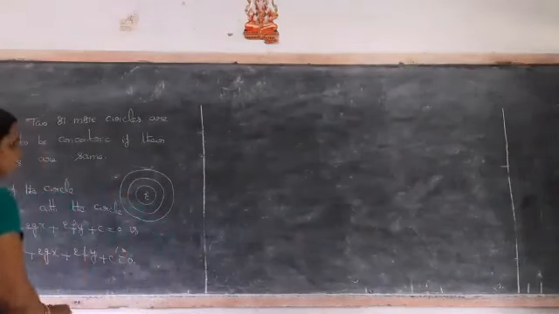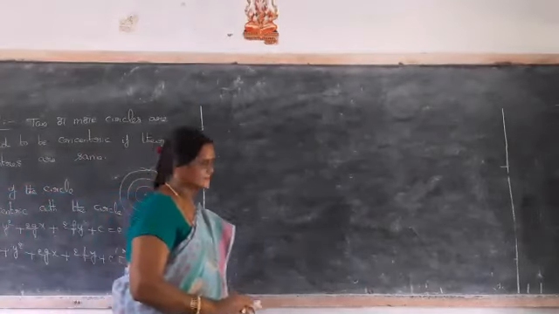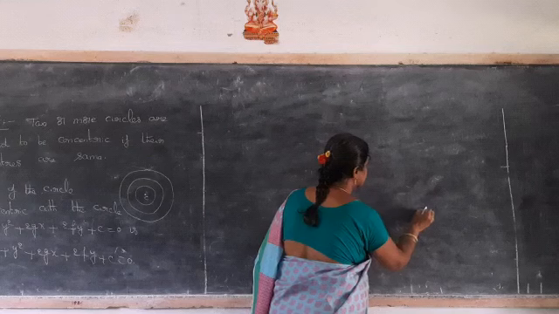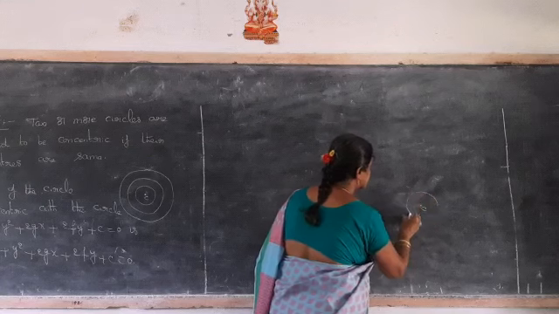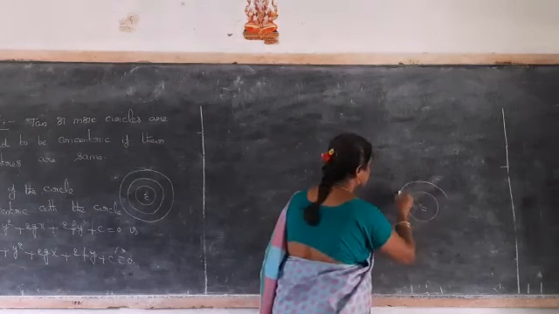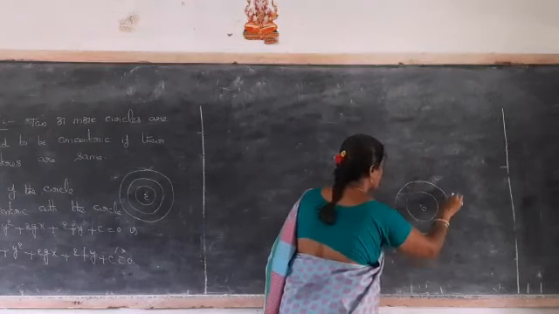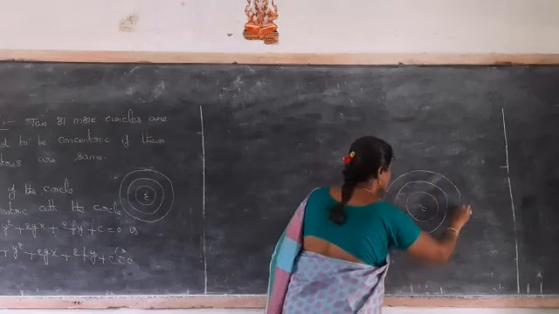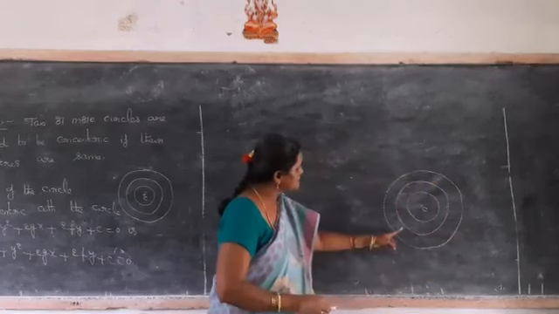Okay students, now we learn one definition. Suppose that here I consider a center. Now I consider a circle. Now I consider another circle. Now I consider another circle. So you see students, I have drawn this picture.